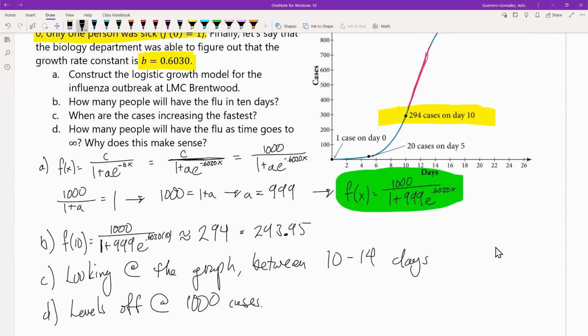Since there's only 1,000 people that can get sick, the absolute worst, at the very end, if you let this draw out till the end of time, the most that can get sick is 1,000 people, because that's just the number of people that show up to LMC Brentwood campus.